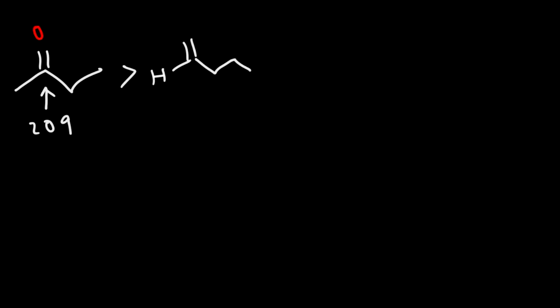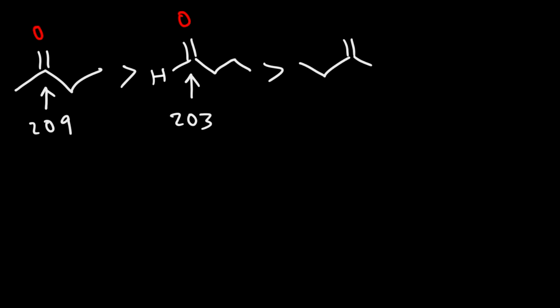Now let me give you some examples of some numbers that you might encounter. So here is butanone, and the chemical shift of the carbon in the carbonyl group is 209 for this ketone. Next we have an aldehyde. This is butanal, and the chemical shift for the carbon of this particular aldehyde is 203.